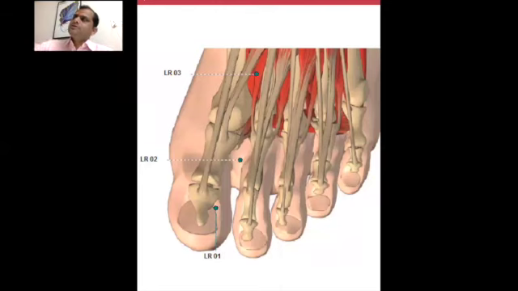So when we insert the needle on the Li4 and liver 3 bilateral, it is a very excellent point to expel the pathogen. I have used this point for many patients suffering with sports injury.